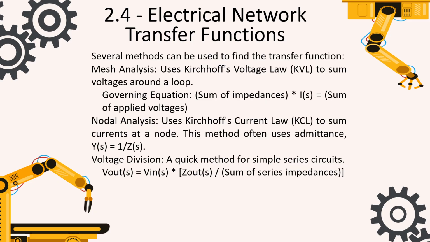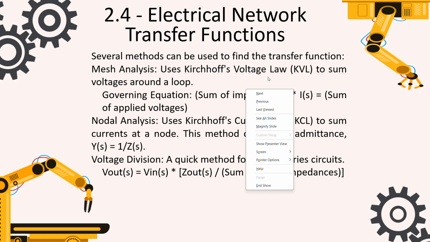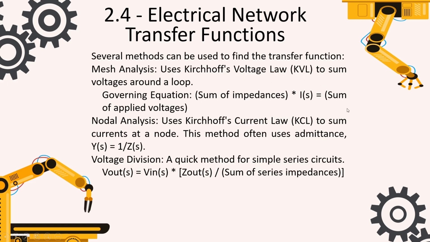Several methods can be used to find transfer functions. Mesh analysis uses Kirchhoff's voltage law, allowing us to sum the voltages around an enclosed loop in a circuit. The governing equation is that the sum of impedances multiplied by the loop current equals the sum of the applied voltages. Nodal analysis is based on Kirchhoff's current law, summing the currents at specific nodes.